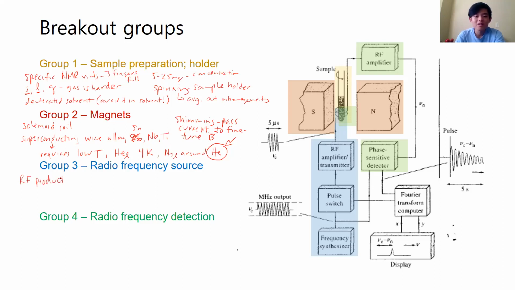Then we have a gate that basically controls the pulse widths. And then from there, our signal goes into this power amplifier that will amplify the power, unsurprisingly, to maybe 50, or is it 50 to 100 watts?